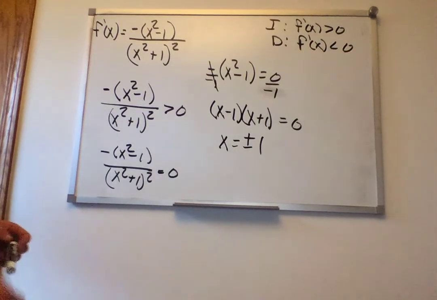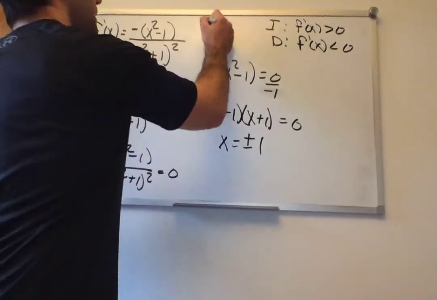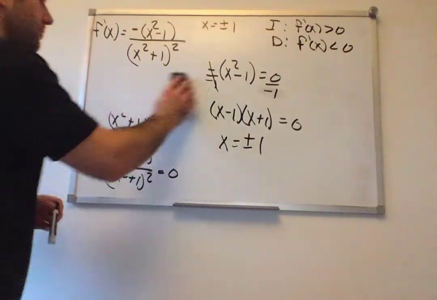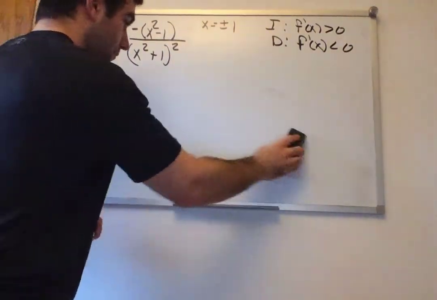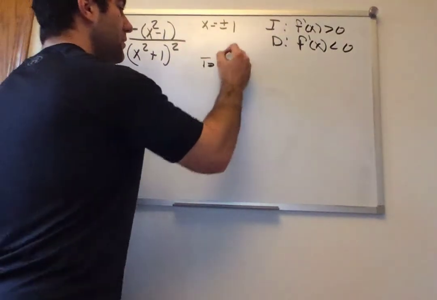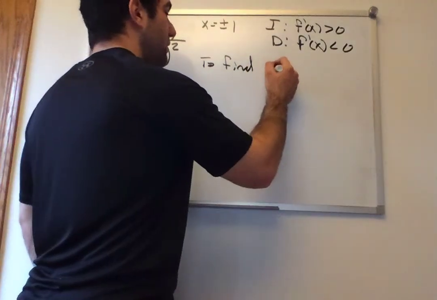So to find your restrictions, we got x is equal to plus or minus 1. We need those. And to find restrictions, try to remember, think about how to find the restrictions.